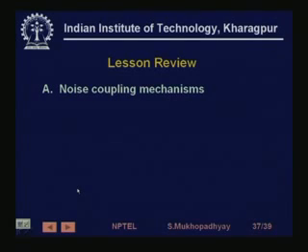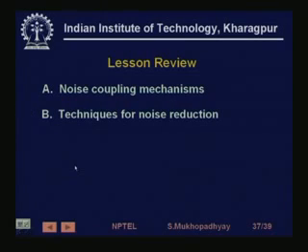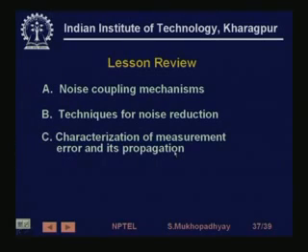So, we have come to the end of this lesson. We have studied noise coupling mechanisms, some basic rules of thumb for noise reduction, and then the characterization of measurement error and its propagation.